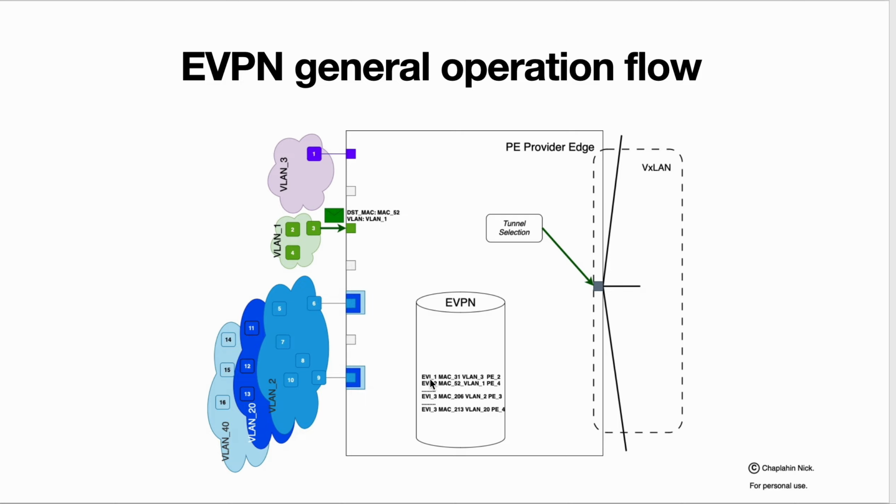It will be from a broadcast domain, so it belongs to a specific Ethernet VPN instance. So before selecting a tunnel to send this packet, we ask EVPN for the necessary information. EVPN provides the necessary information into the tunnel selection procedure.